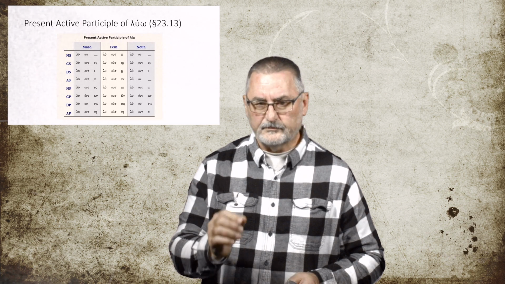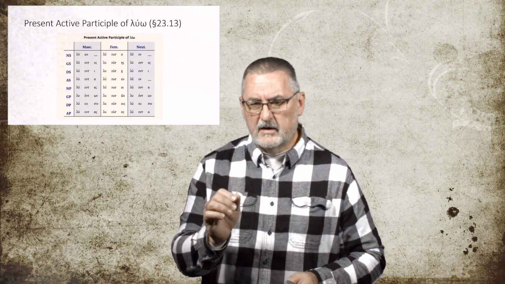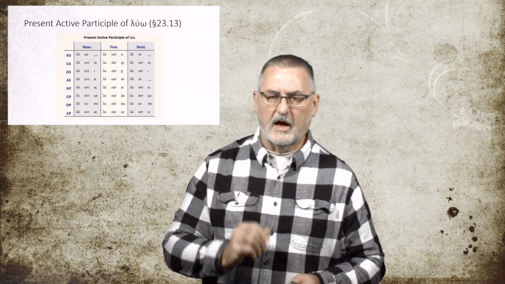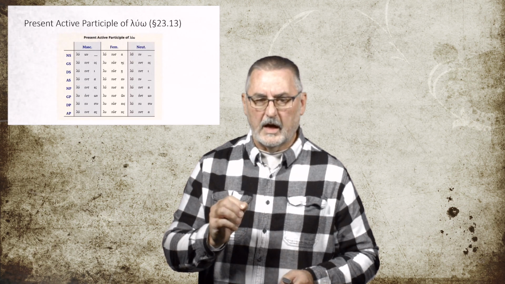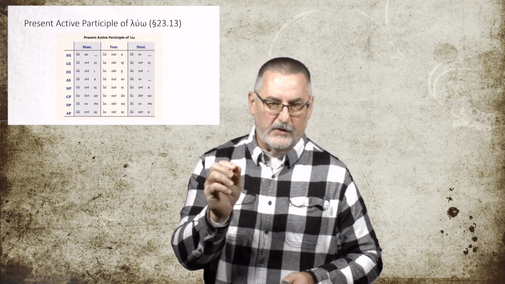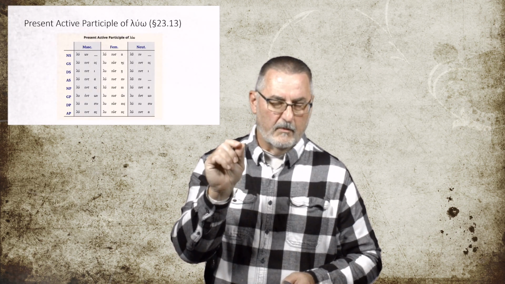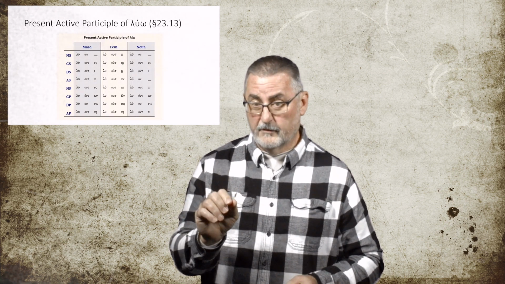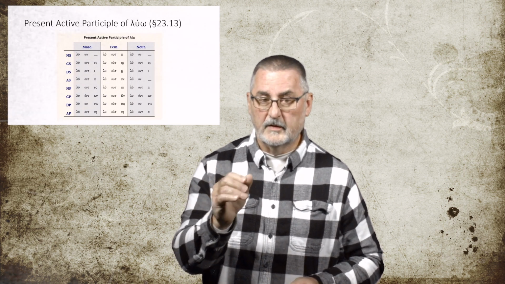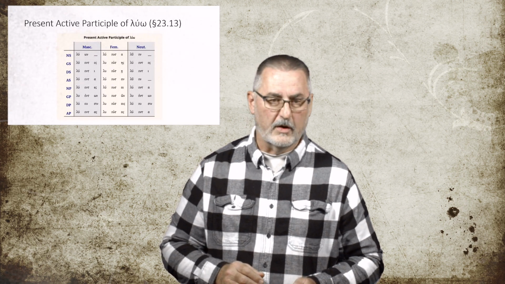And so you can see in the masculine and neuter that's highlighted there in kind of a bluish tint, everywhere except in the nominative singular and dative plural, you've got that participle form marker of the ντ. And in the feminine, all the way down, you've got that participle marker of the ουσ. Okay? And so those will be the forms of the participle that you'll have.